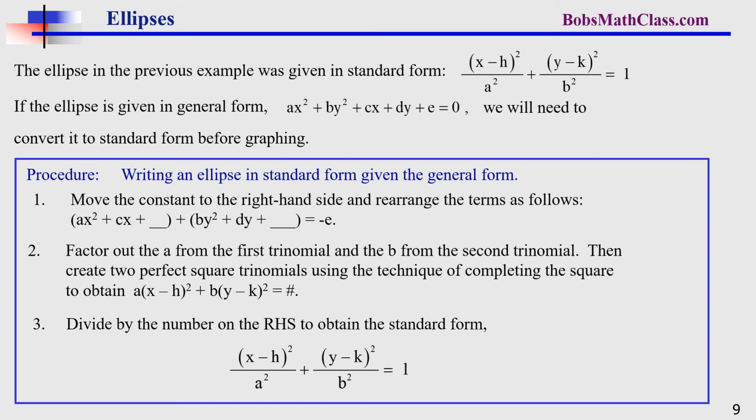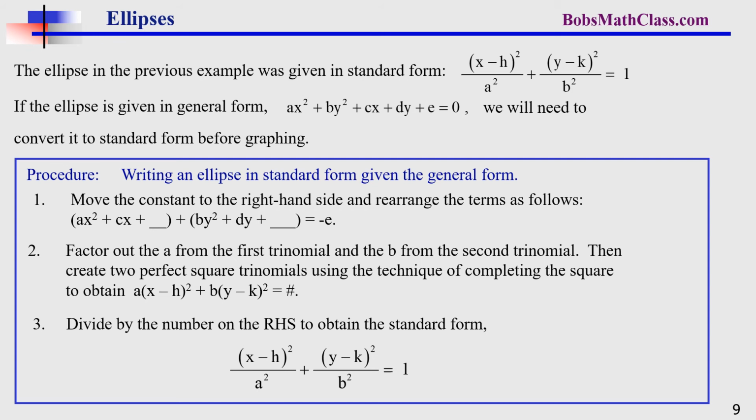Okay, so the first step is we're going to move the constant to the right side and put our x's together and our y's together. Then we're going to factor the first number, which is a, from the x squared, and factor out the b from the y squared.